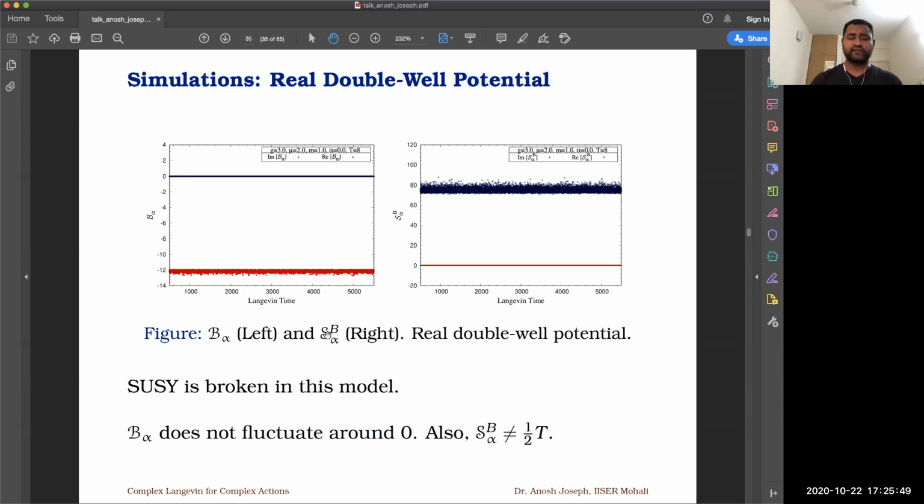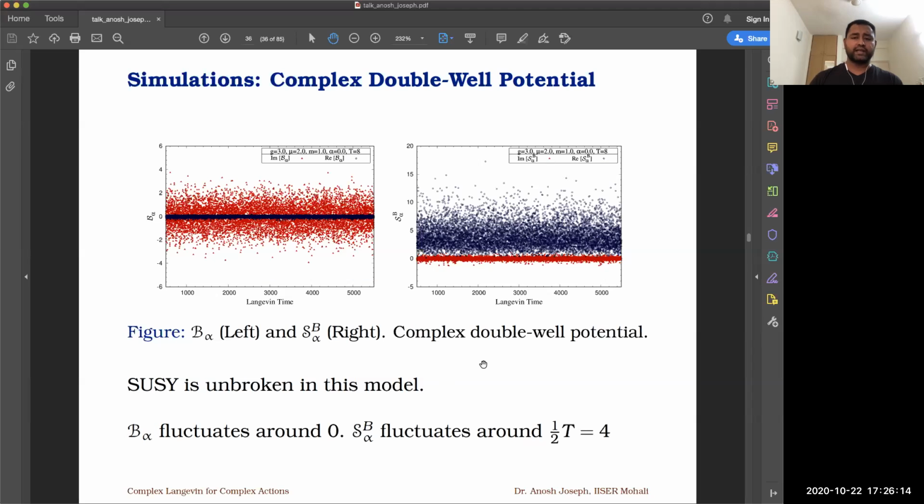Then the expectation value of the bosonic action: it's on a lattice with 8 sites, so we should expect this to fluctuate around 4 if SUSY is preserved, but it is fluctuating around 70 or 75. So SUSY is broken in this model according to this diagnostic.